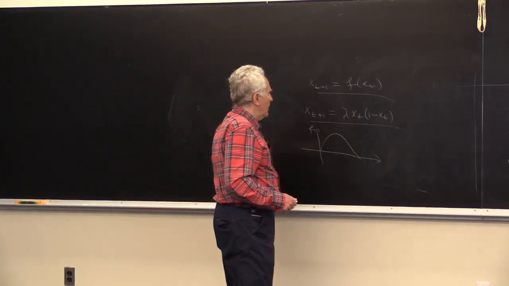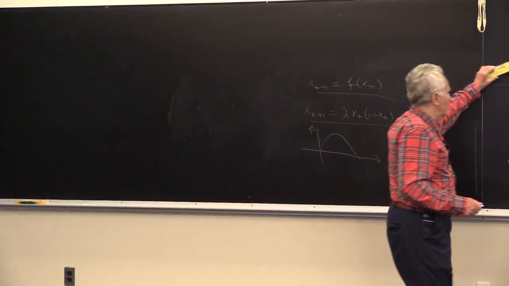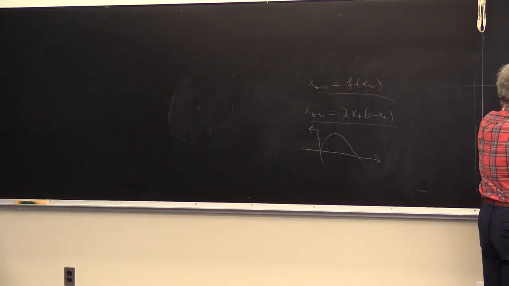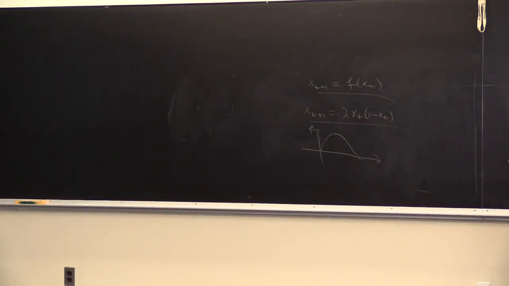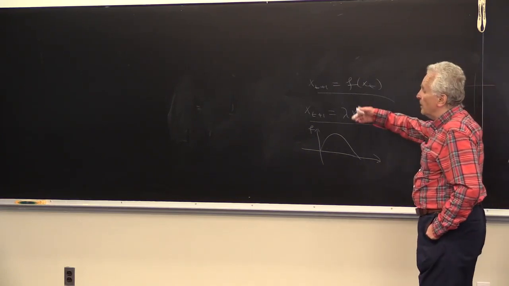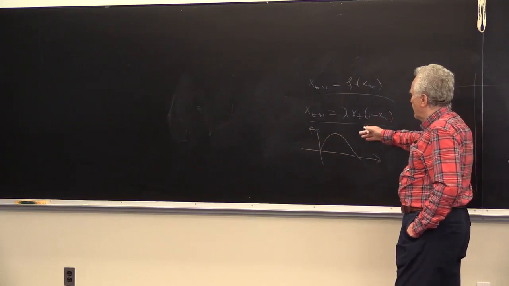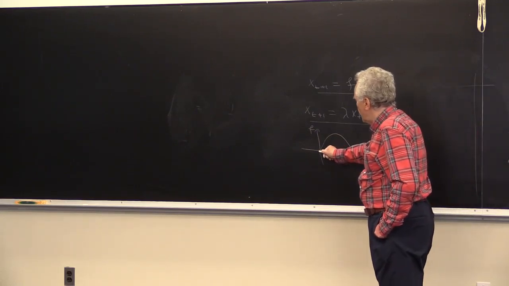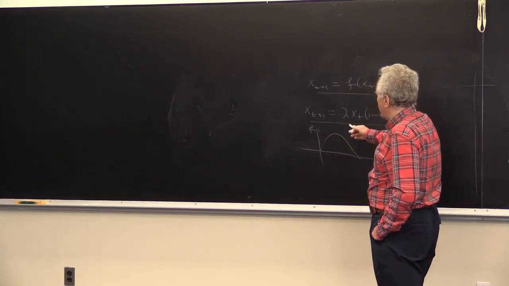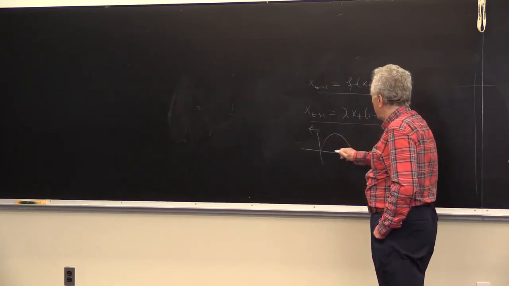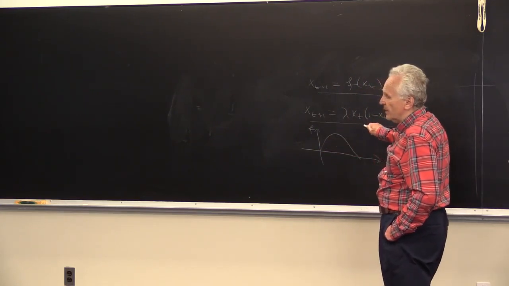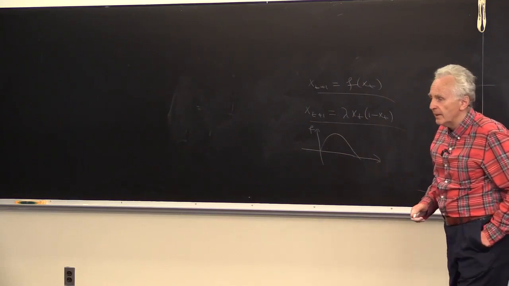So let's start with the trivial part. What will really be important is just the shape of this thing, with one maximum and with zeros here, but the concrete details are completely irrelevant.